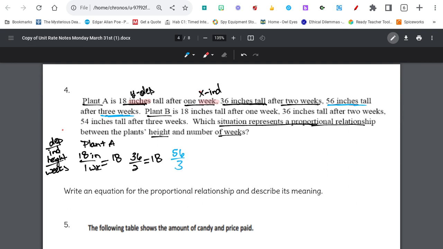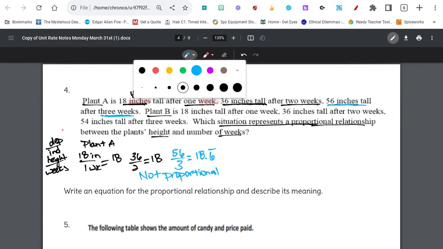Take my handy dandy calculator here. 56 divided by 3 is 18.66. Okay, it keeps repeating. That is definitely not constant because this is not proportional. That's not going to cut it. Okay, definitely not. Let's take a look at plant B.